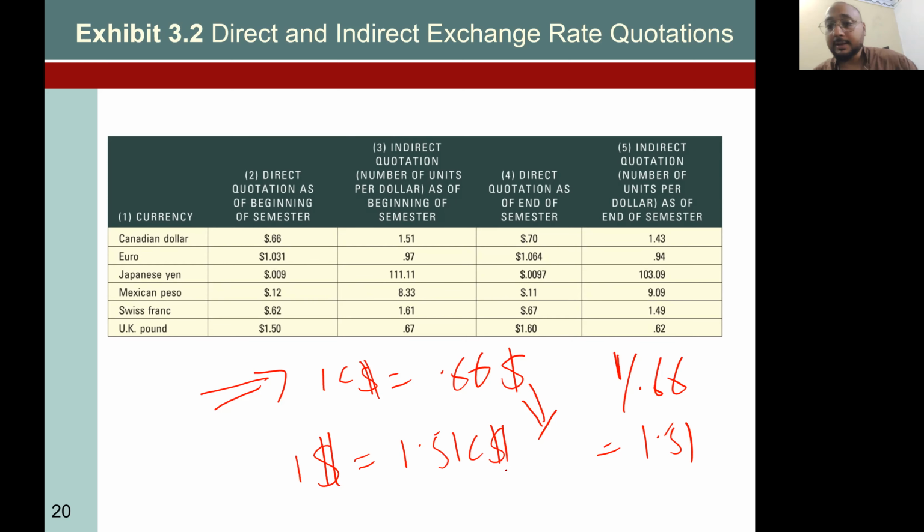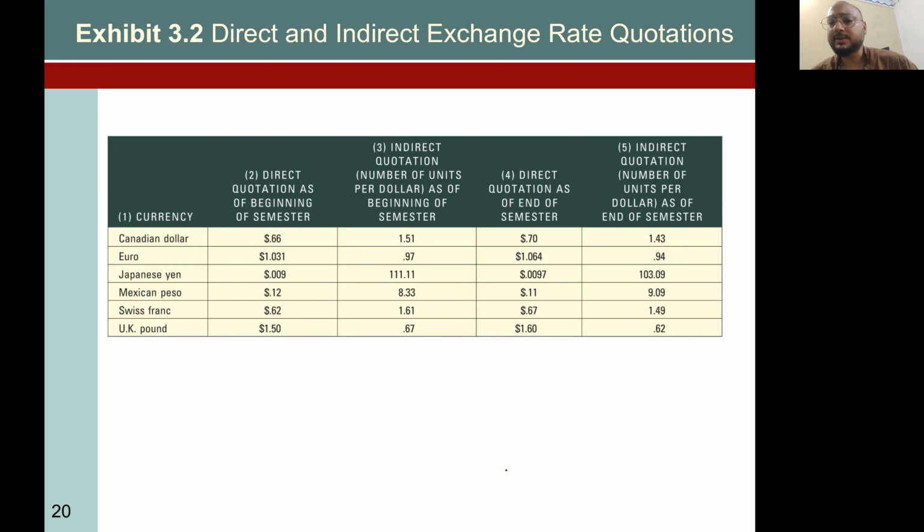So how do I get this? Simple, by using the dimension method. If you remember the dimension method from your 6th grade, 7th grade, you will find out. See, write down the direct quotation: 1 Canadian dollar is equal to $0.66. So you want to find out $1.